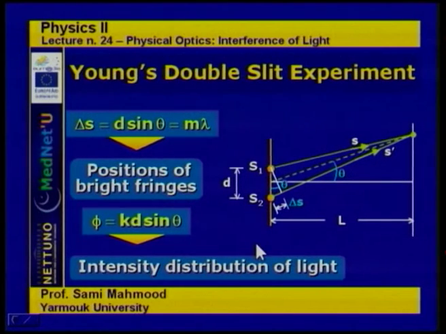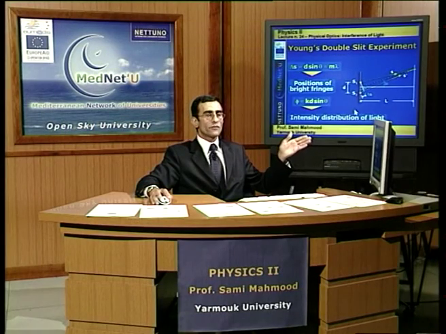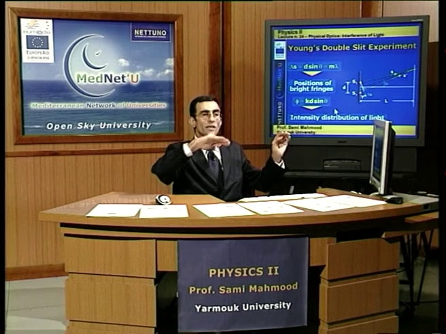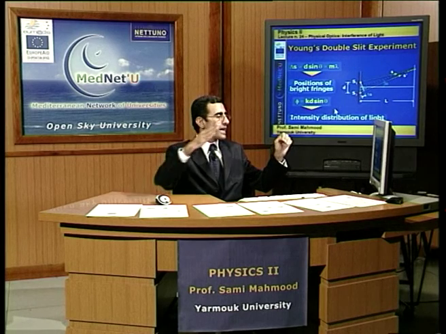That way, we get the positions of the bright fringes where maximum intensity is observed, and by the other condition, phi equal to kd sine theta, we get the intensity at any position theta in space. So we get the modulation of the intensity in space.